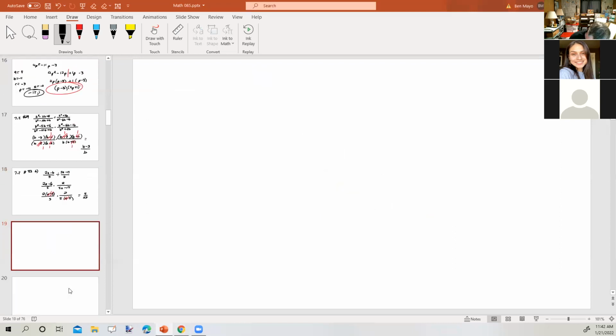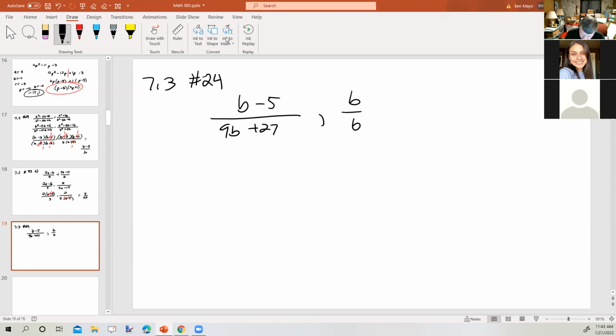All right, this is 7.3, number 24. Find the least common denominator of the pair of rational expressions: b minus 5 over 9b plus 27 and b over 6.